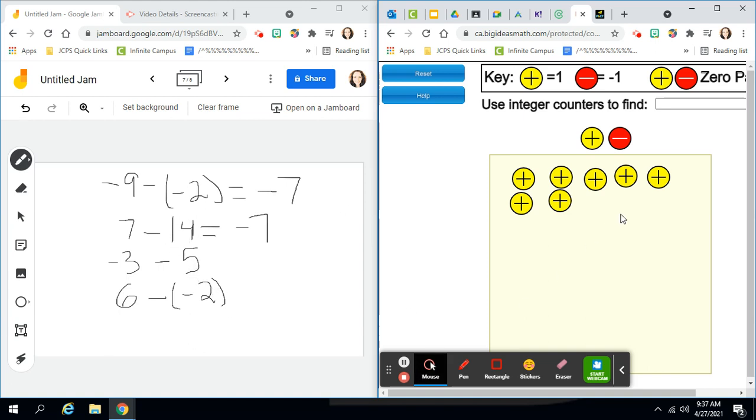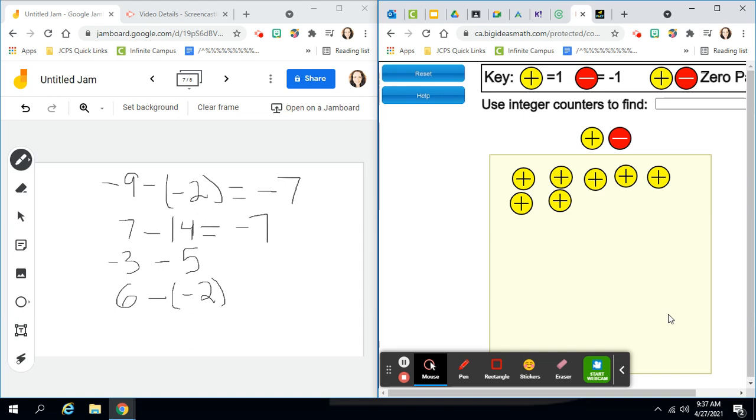Now, this is a little bit more challenging than when I had my addition. Because when we were adding, it was easy. We just had to go grab some more chips and put it down here, right? And then see if we had any 0 pairs. Well, the problem now is that I don't have 14 positives to take away. All right. So I have to figure out a way that I can do that.